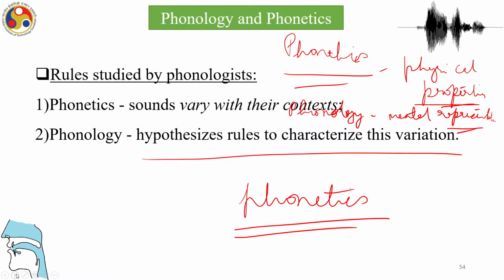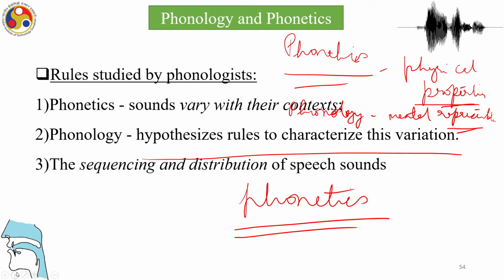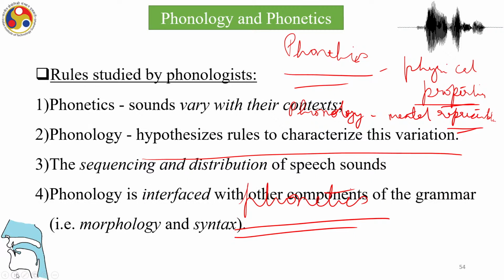So phonetic sounds vary with the context, and phonology hypothesizes rules to characterize this variation. And the sequencing and distribution of speech sounds is important in phonology. Phonology also is interfaced with the other grammatical components, morphology, syntax, etc.